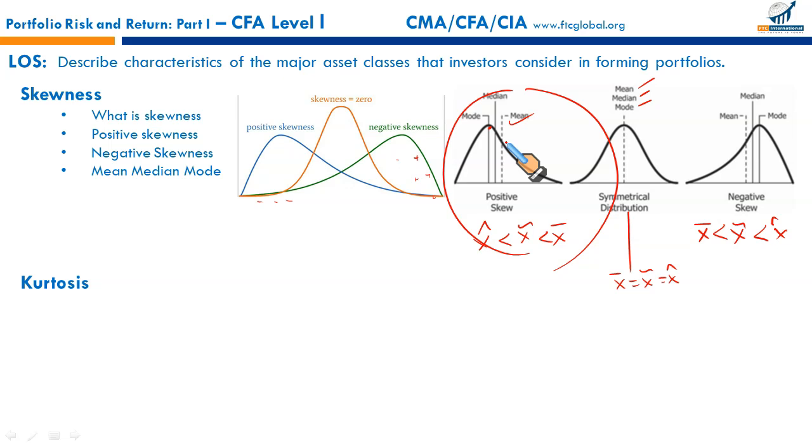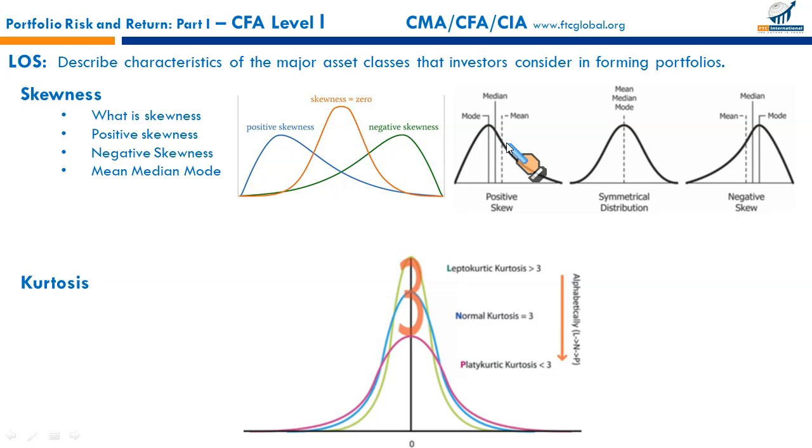Kurtosis. This is all from your previous studies, just a quick overview. Kurtosis basically measures the degree to which the distribution is more peaked than the normal distribution or less peaked than the normal distribution. And here in between we have the normal distribution, right?